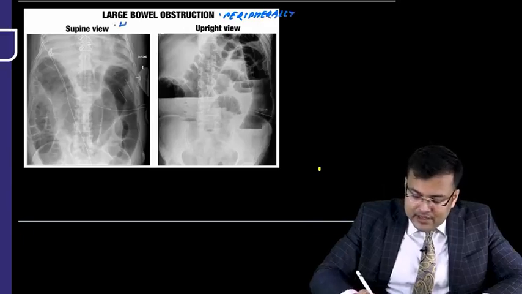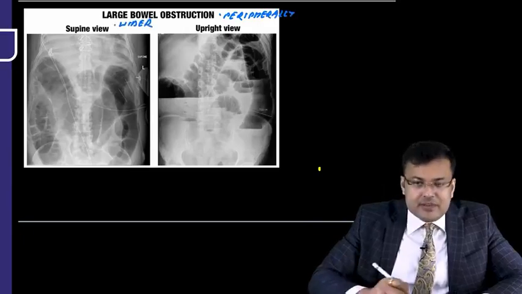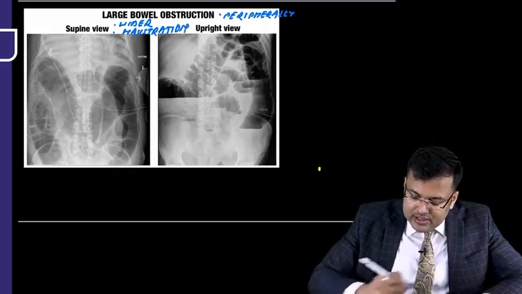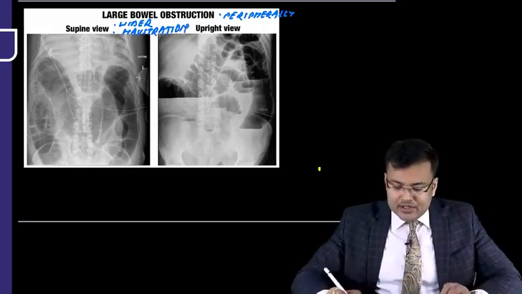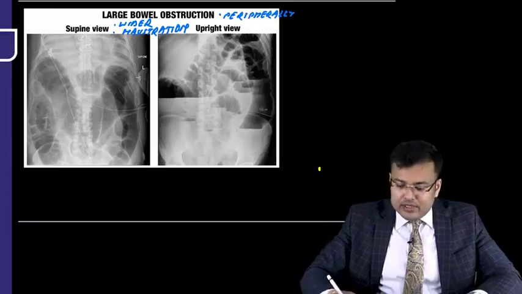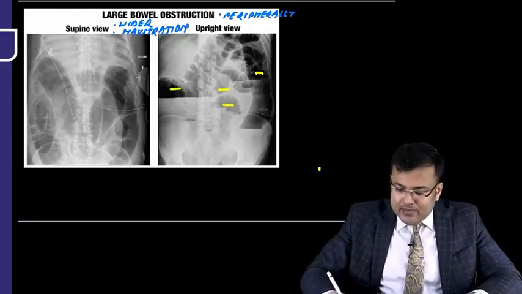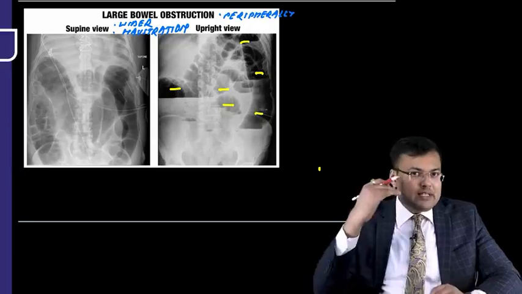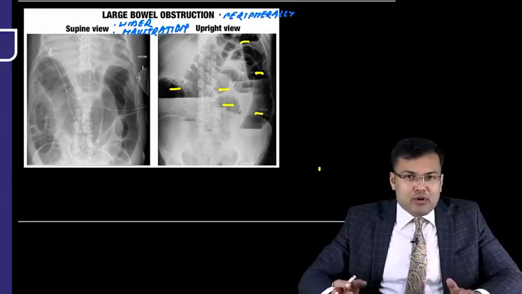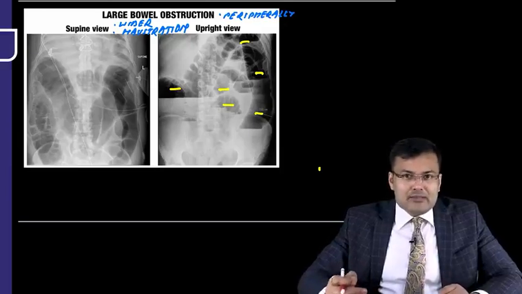It is wider in caliber, and another special feature is the presence of haustrations. So this is large bowel obstruction. And on upright view, you can see dilated bowel loops in a step ladder pattern. So this is how you can easily identify whether it is small bowel obstruction or large bowel obstruction.